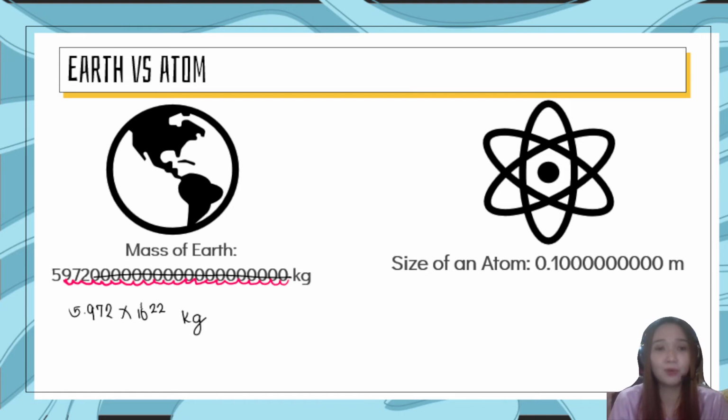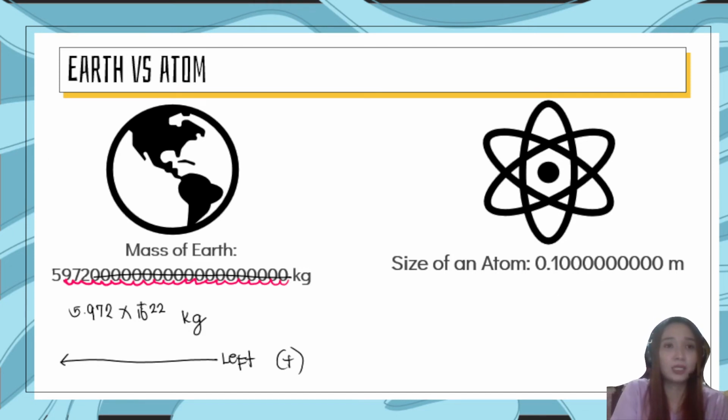So, ma'am, bakit po positive? Okay, so we have a rule na kapag nag-move ka papunta sa left, positive yung magiging exponent ng scientific notation mo. Okay, so, katulad nito, yan.